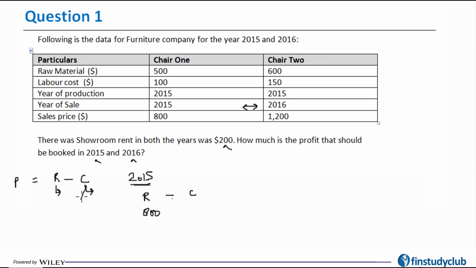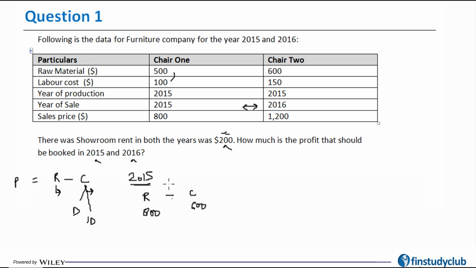As far as the cost is concerned, all the direct expenses relating to Chair 1, which is 5 plus 1, is 600, should be taken to P&L, and all the indirect expenses belonging to that time period should go as well. The rule of expense recognition is that the direct expense should always be matched, following the principle of matching, with the corresponding output, and indirect expense goes to that particular year.